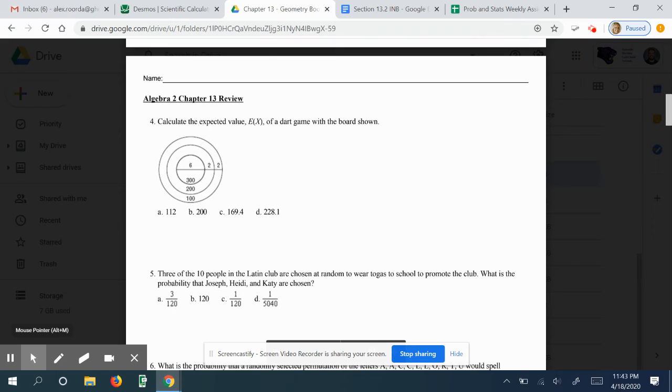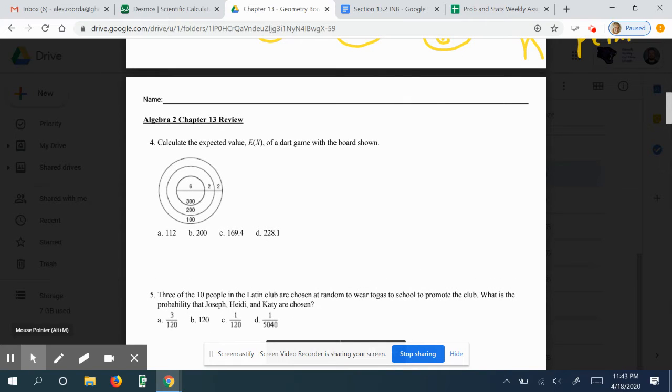Now, for number 4, it says calculate the expected value of a dart game with the dartboard shown. Remember, to find expected value, we find our probability times its value. And then we do that for every one of them, and then we add them up.